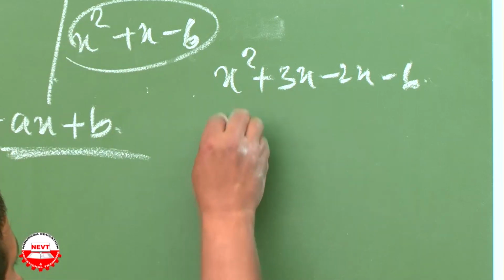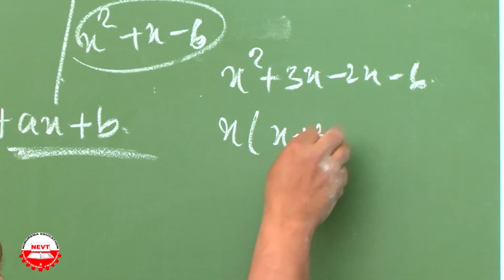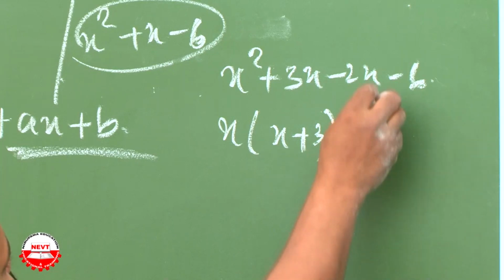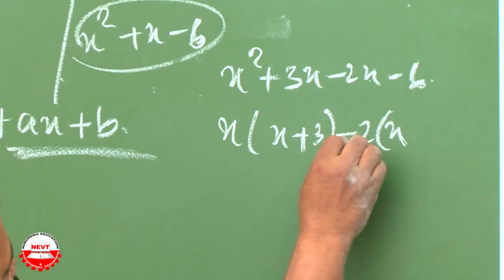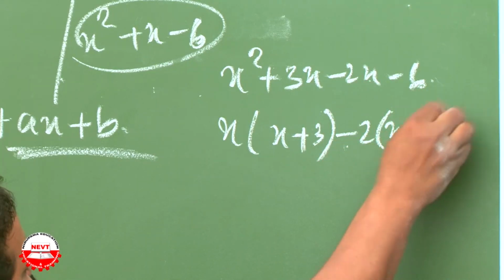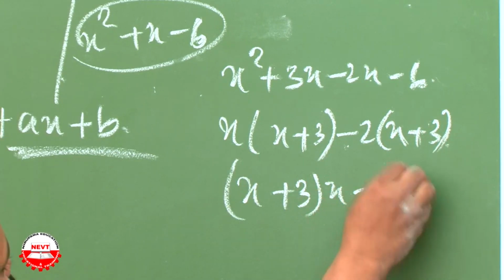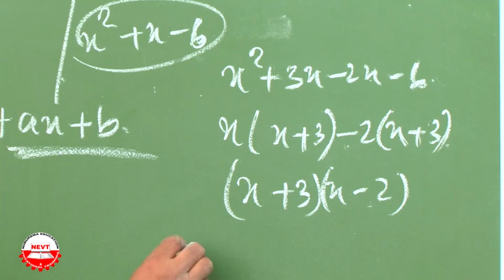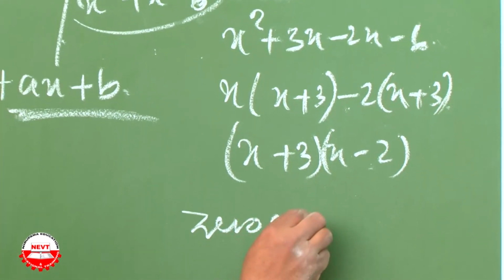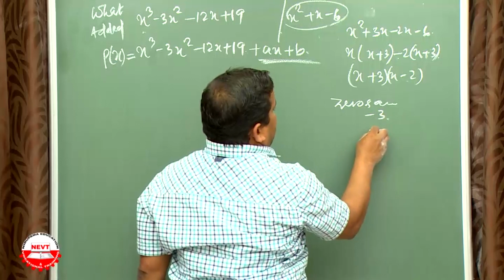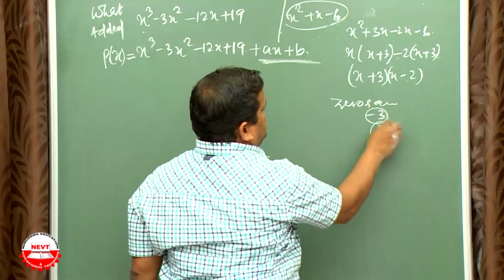If you take x as common, it will be x plus 3, then minus 2 as common, then x, the sign will change because you have taken minus here. So, x plus 3 into x minus 2. So, zeros are minus 3 and 2.